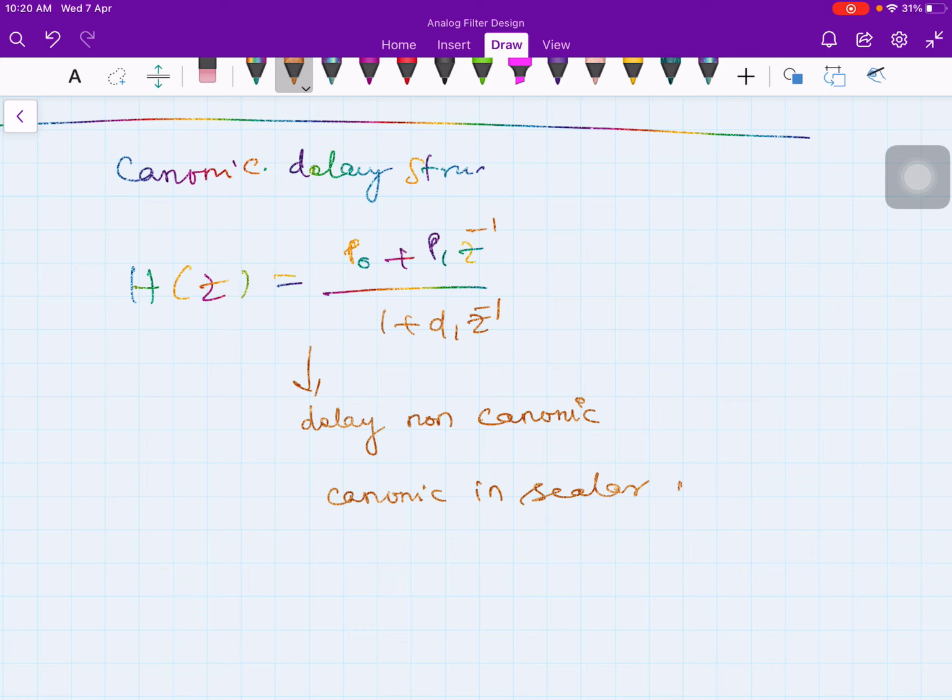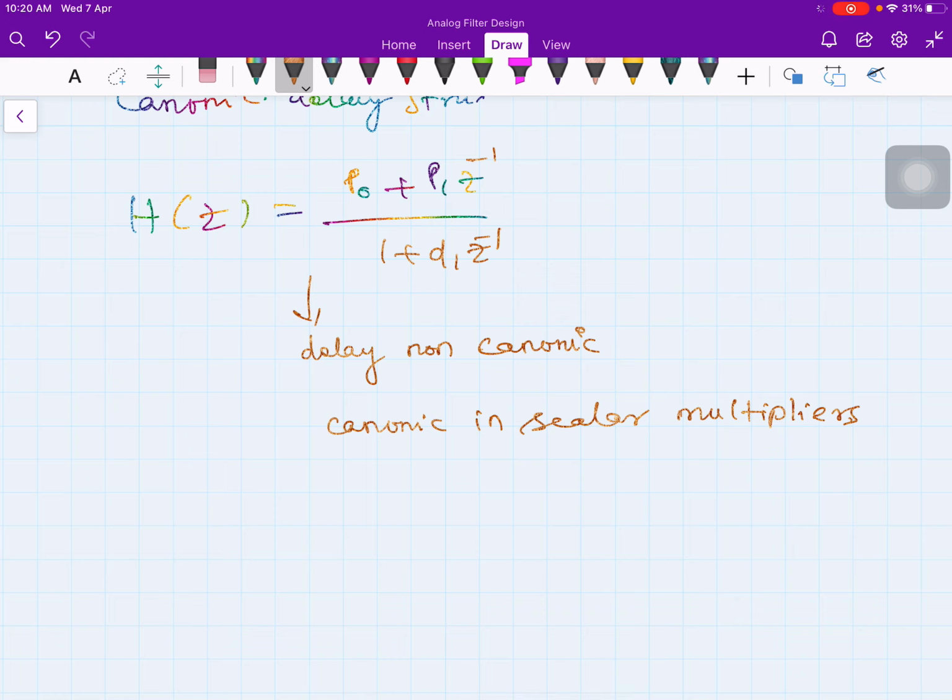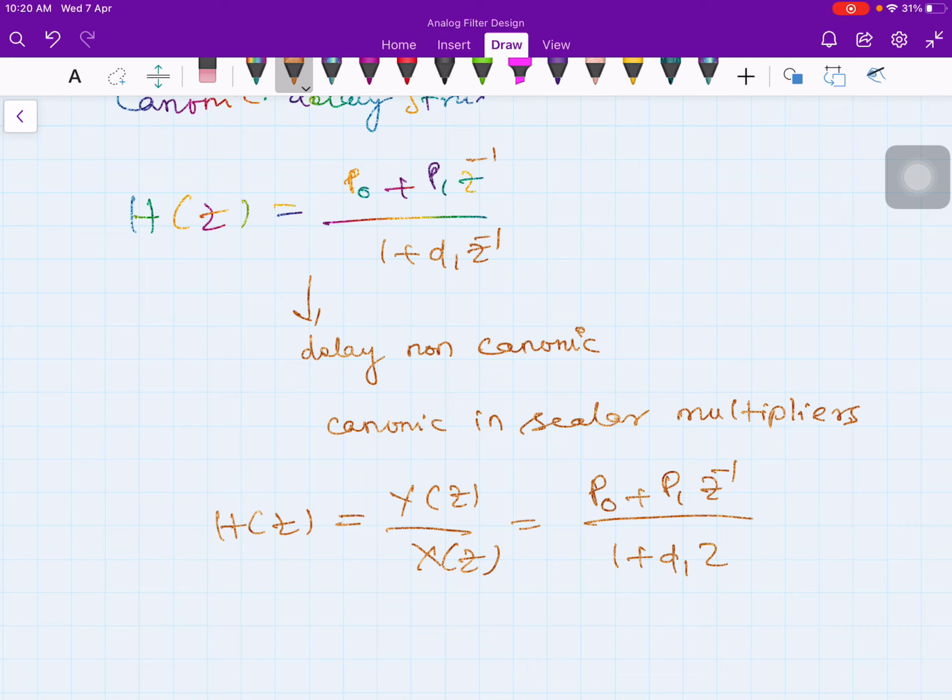Scalar multiplication or multipliers or whatever it is. Now in order to make it canonic, we represent this as H of z is Y of z divided by X of z, which is p0 plus p1 z inverse divided by 1 plus d1 z inverse.